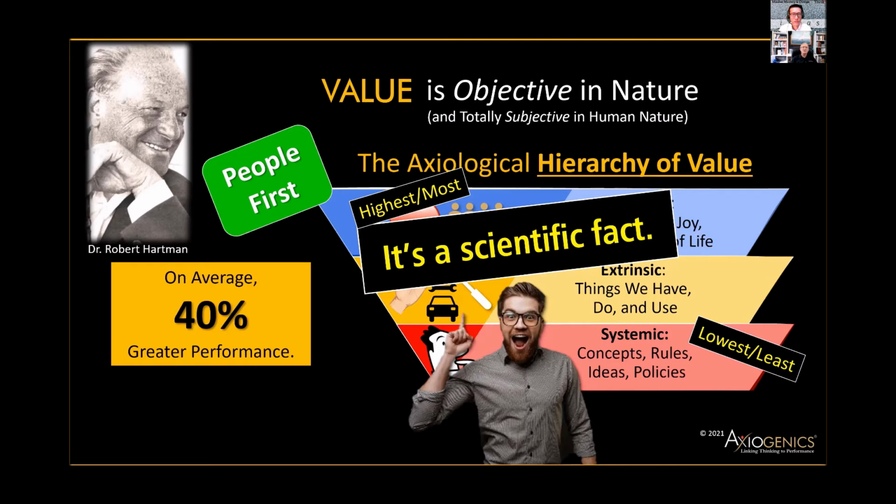We can rise above all of that if we just start to apply a valuegenic mindset and the hierarchy of value to navigate our way through the issues that we deal with as human beings, which we've done throughout human history, but we also have lost our way from time to time through just trial and error.